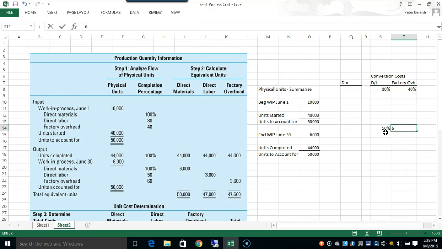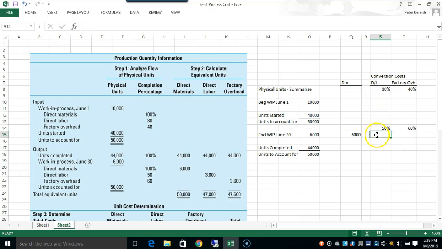And factory overhead, 60%. So converting into direct materials, we'll do the ending and units completed first because we're going to do weighted average first. Ending WIP materials are going to be 6,000 because it's 100%.